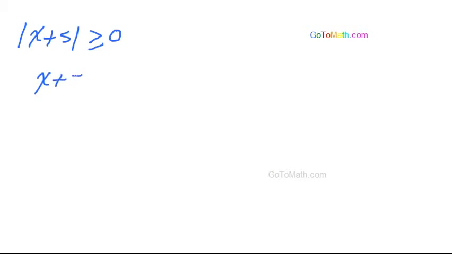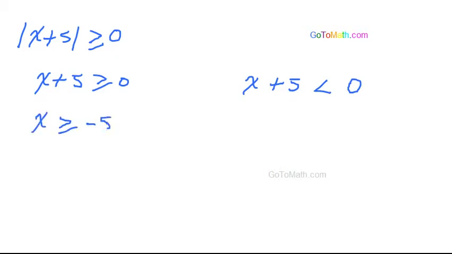We say x plus 5 is greater than or equal to 0, and then we say x plus 5, we flip this guy, is less than, and of course multiplying that by -1, but that still remains 0. So we go ahead and solve, and we end up with x is greater than or equal to -5, and x is less than -5.